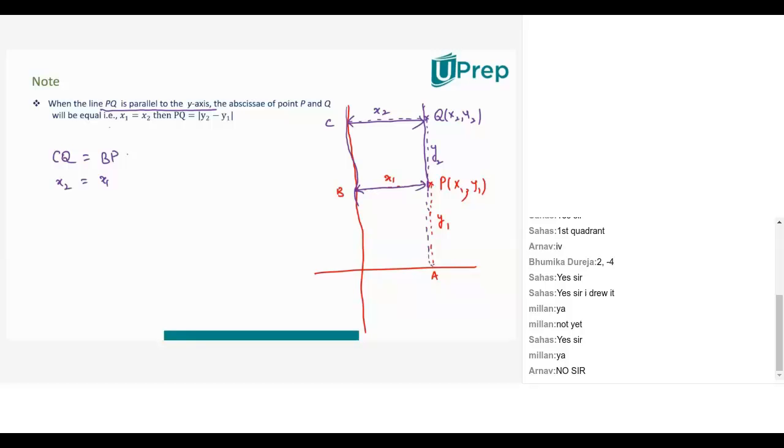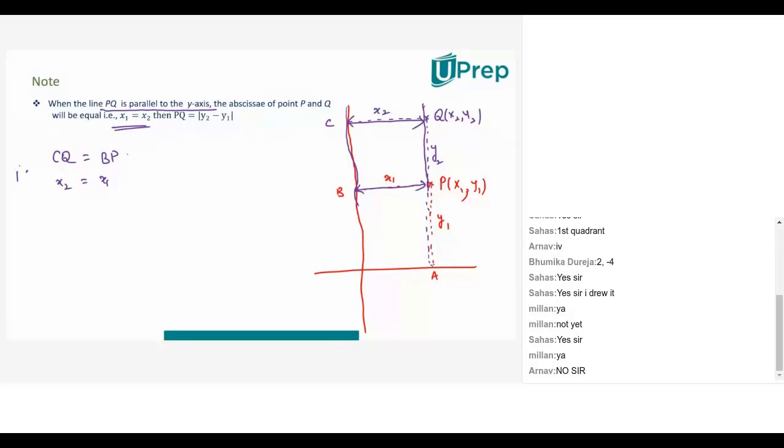Yes, sir. Now, Alifia, is this idea clear? Abscissa is equal if the line is parallel to the y-axis. Is that idea clear? Yes. Very good. Now, this is the first property.